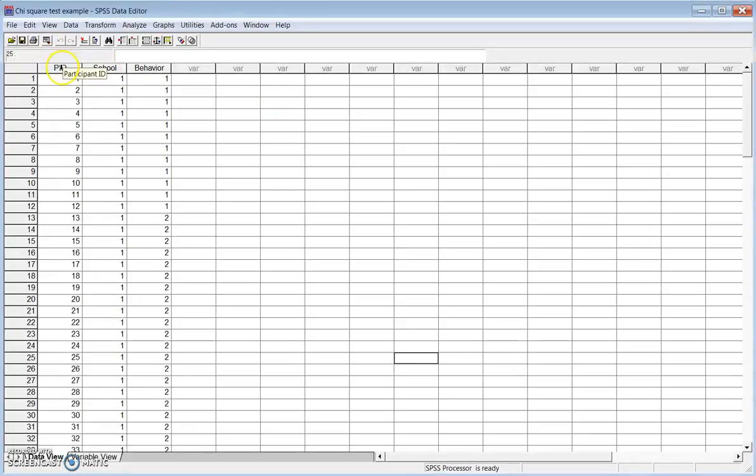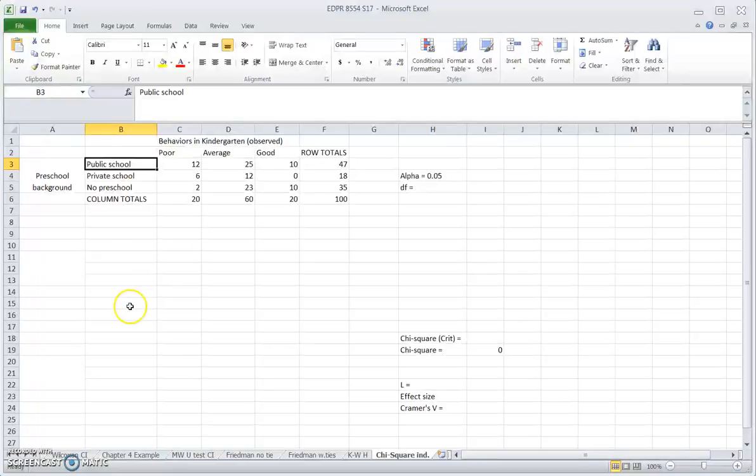I gave an ID number for each of the children. And then I have a school variable, which means their preschool background, with a value 1, 2, and 3. And also for each child, in addition to the preschool background, their behavior rating in kindergarten.